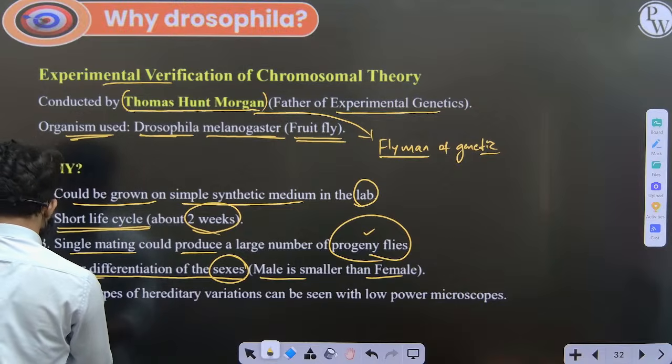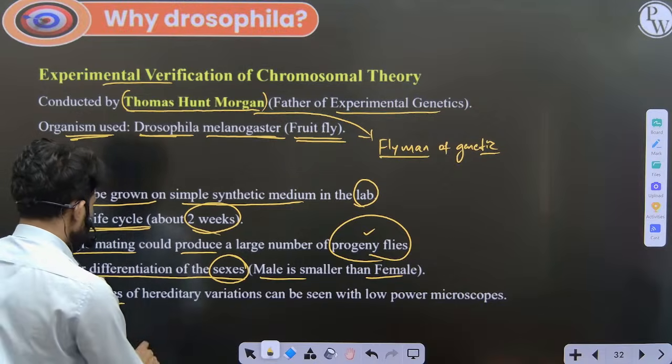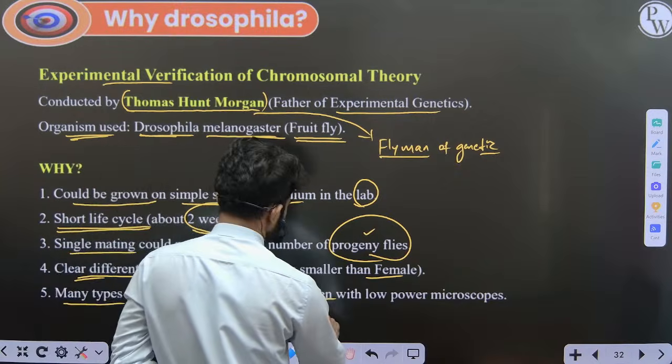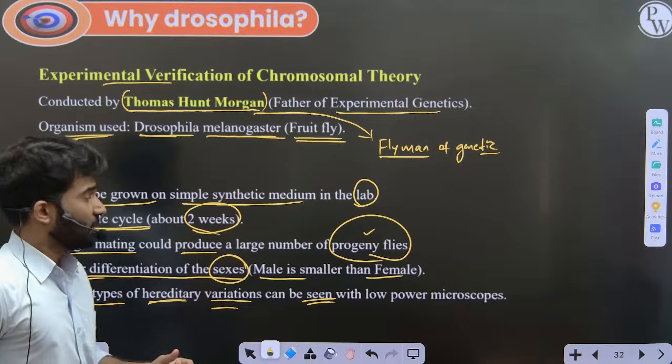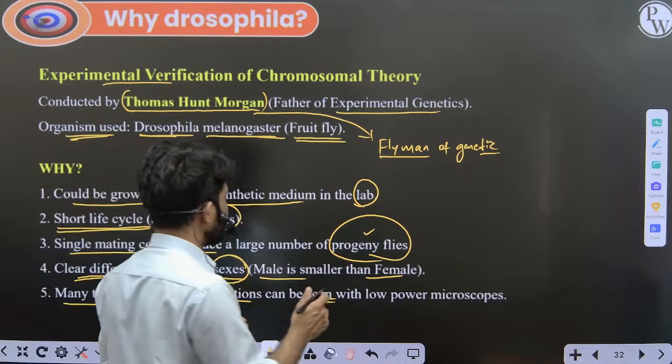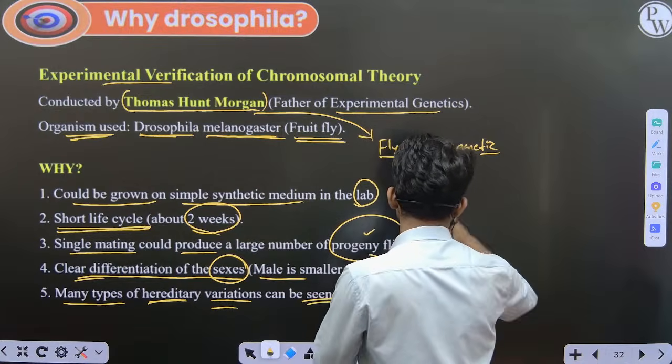The next reason is that many types of hereditary variations can be seen. We observe many different types of hereditary variations created in Drosophila.